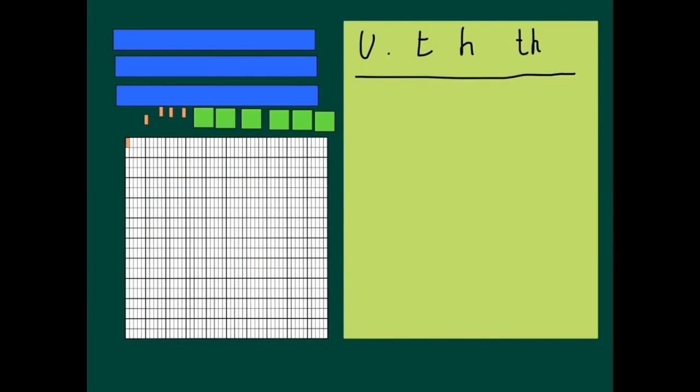So let's go right ahead. We already know we don't have any units. And we don't have any tenths. We don't even have any hundredths. But we do have 1,000th shaded in.